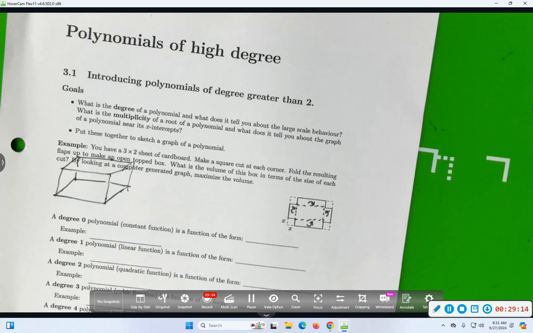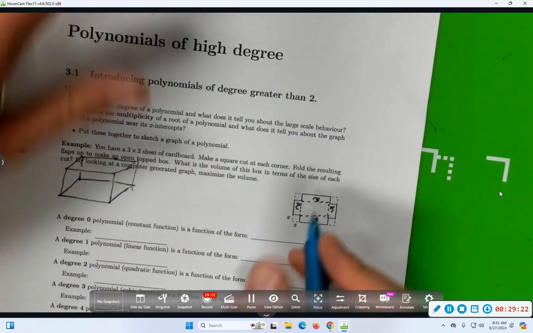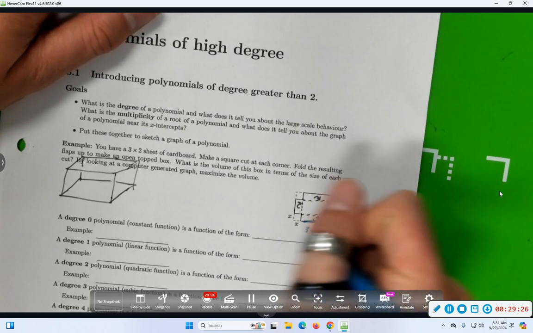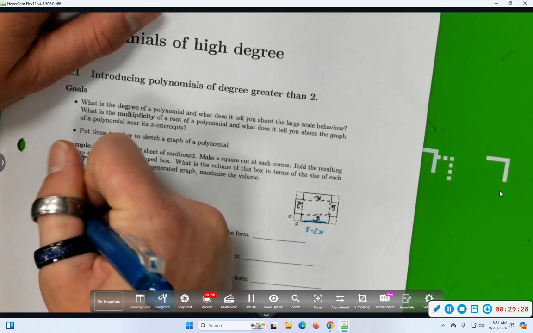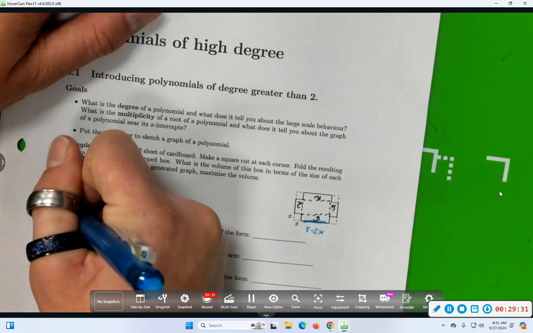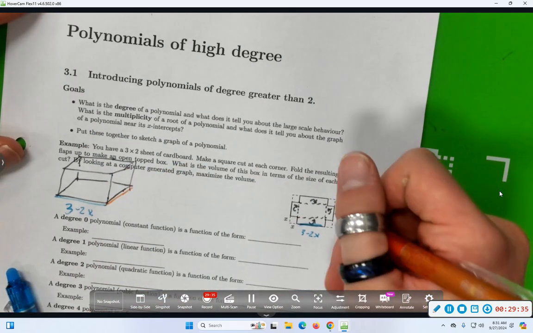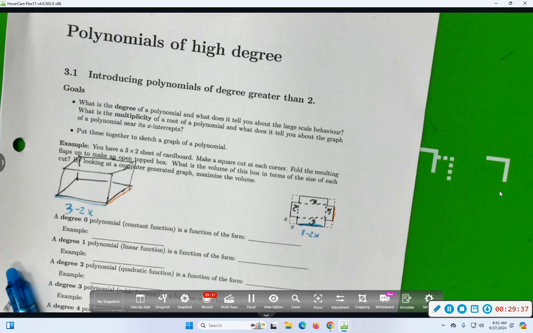And then you cut 2 x's out of it. So this length is the width. It is 3 minus 2x.